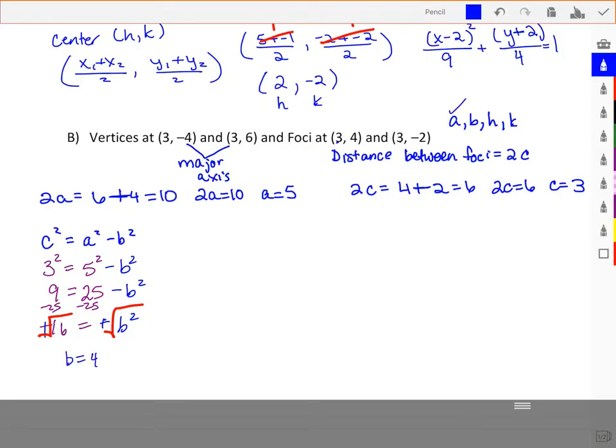All right, so we've got a and we've got b. Now we need h and k. To get h and k, we've got to get the center. Let's use the center of the major axis.